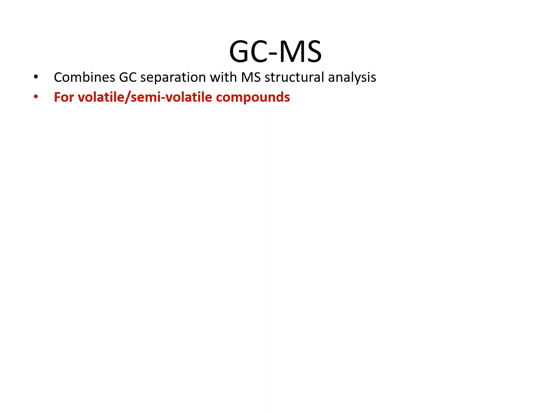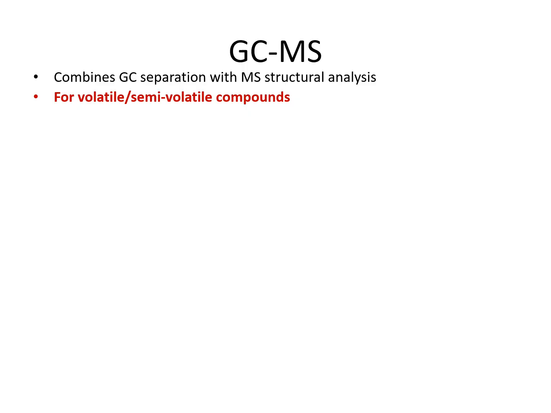Now, the last procedure covered in this presentation is gas chromatography mass spectrometry, which is an analytical technique used to separate components. GCMS combines gas chromatography separation with mass spectrometric structural analysis to separate individual components in volatile and semi-volatile compounds.